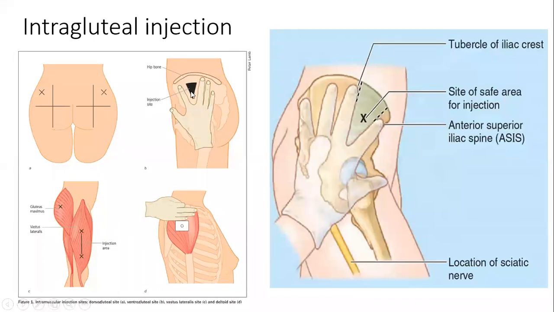In the gluteal region, we need to keep which nerve safe? Sciatic nerve. And here in the deltoid region, which nerve is going to be saved? We have to save the axillary nerve. So I hope this point is clear to everybody.